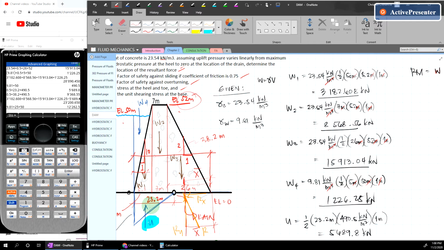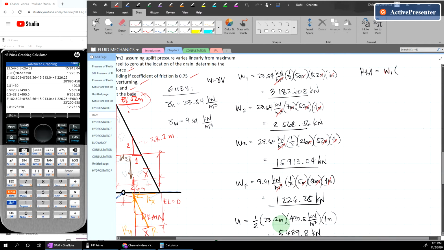Okay. So, gamitin ko lang itong 26 plus 7. Again, that's 33. Then, plus 1/3 ng 5.2. So, 33 meters plus 1/3 ng 5.2 or 5.2 meter over 3.